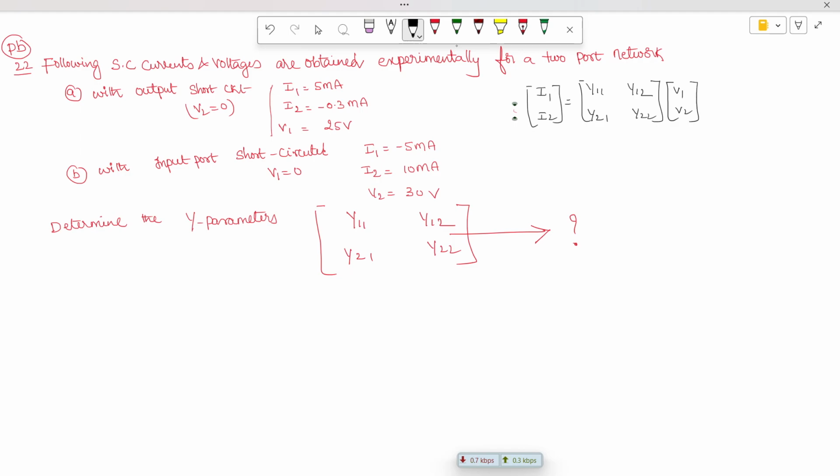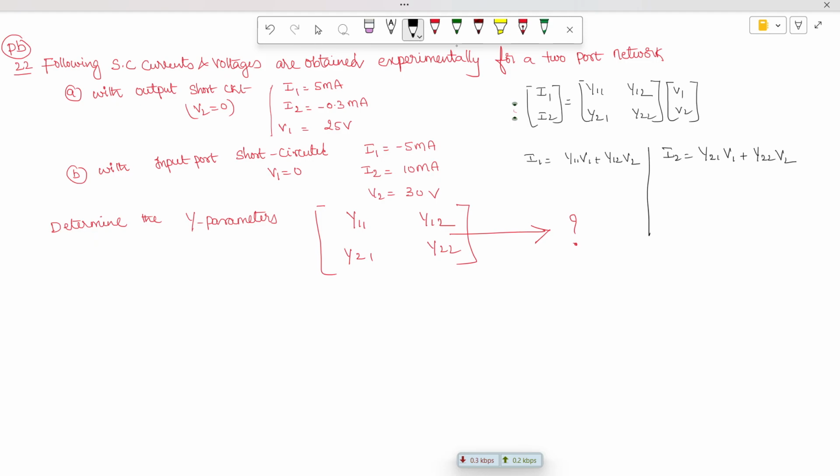Therefore the expression for I1 is equal to y11 v1 plus y12 v2, which is one equation. The next equation is I2 is equal to y21 v1 plus y22 v2.